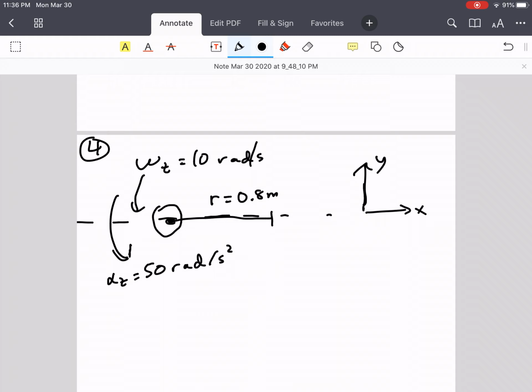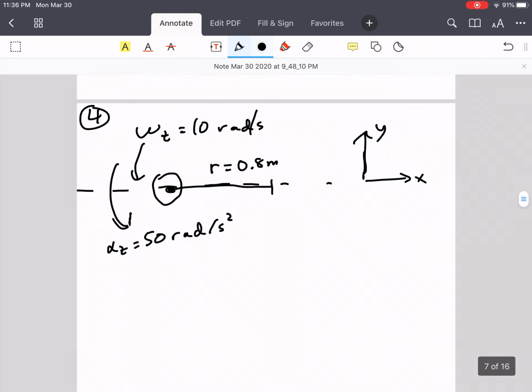So let's start out with centripetal acceleration. We know the formula, centripetal acceleration is equal to v squared divided by r. And since I'm lazy and don't want to solve for v, I'm going to use this second formula, that it's omega squared times r. So those are, again, equivalent formulas. This one's just a little easier. So here I can plug in. Omega squared is 100 radians squared per second squared, or just 100 per second squared, times radius of 0.8 meters.